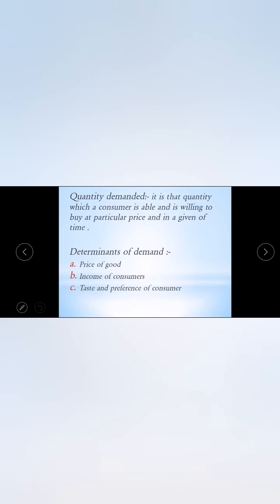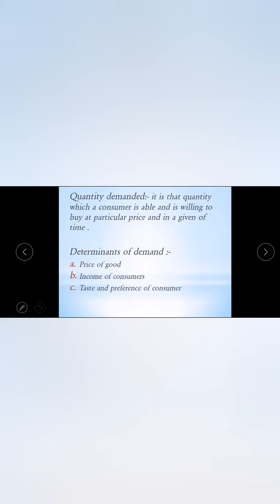Quantity demanded. It is the quantity which a consumer is able and willing to buy at a particular price and in a given period of time. So at a given price and in a given time, how much of the goods you are purchasing is called quantity demanded.